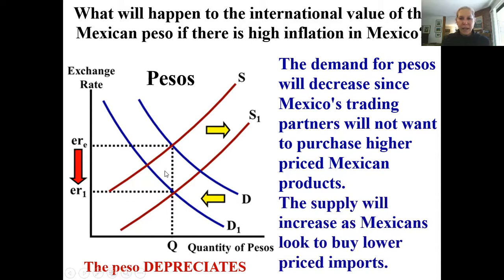And then the supply will increase as Mexicans look to buy lower priced imports, so the supply curve also shifts to the right. Then the exchange rate has now depreciated, or dropped.